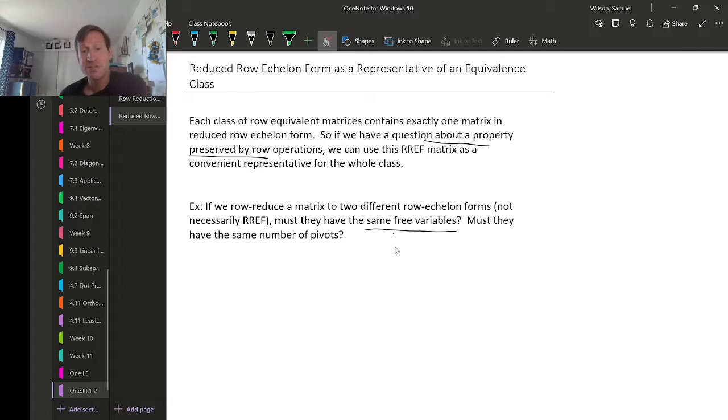So let's suppose that we start with some matrix and we do row operations to get to some row echelon forms. So let me call these echelon form 1 and echelon form 2. Do these have to have the same free variables?